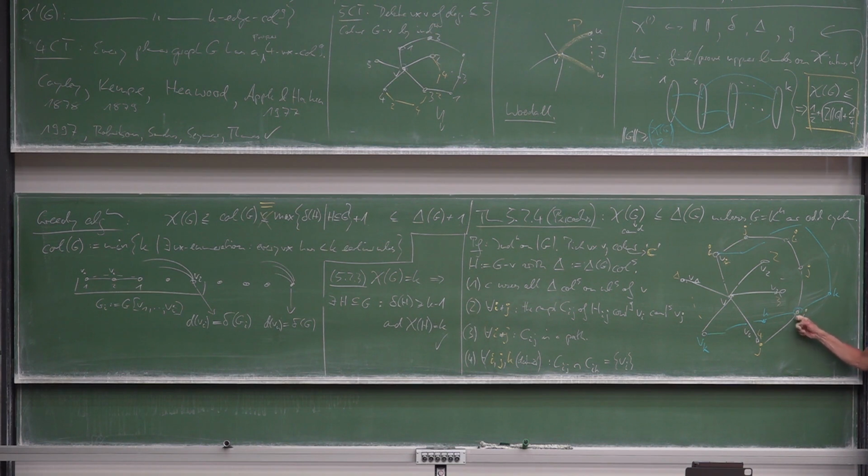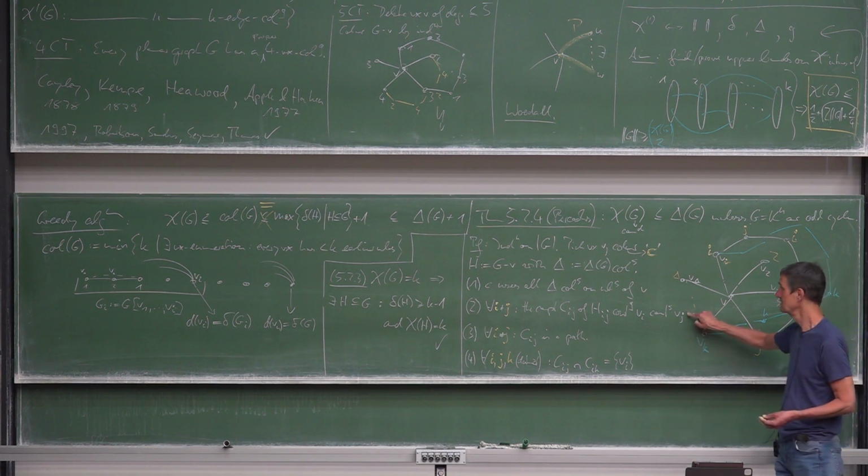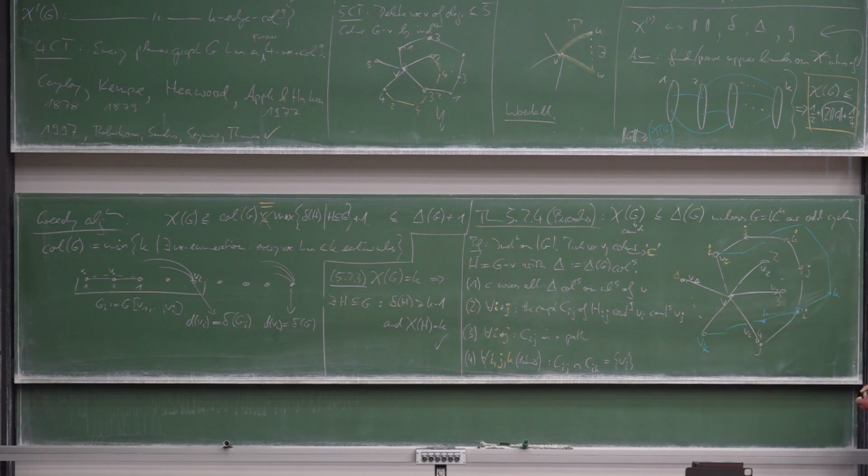And now we get another contradiction. Well, again, contradiction to 2. So when this is recolored, then following this path here, we get stuck. And that is a component of Hij that doesn't include Vj.